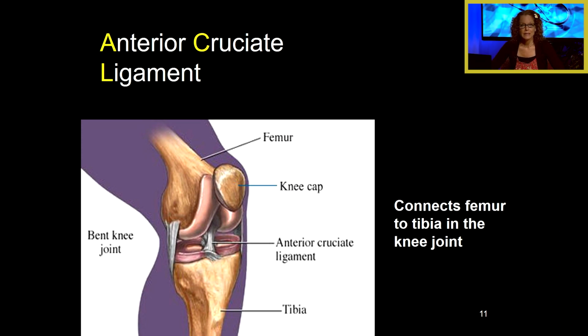So what is the ACL? It's the anterior cruciate ligament, and it actually connects our femur to our tibia in our knee joint, okay? You can take a look at this image here and see where that anterior cruciate ligament plays a role in connecting those two bones together in our knee.